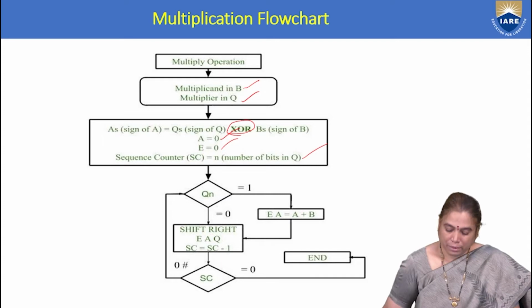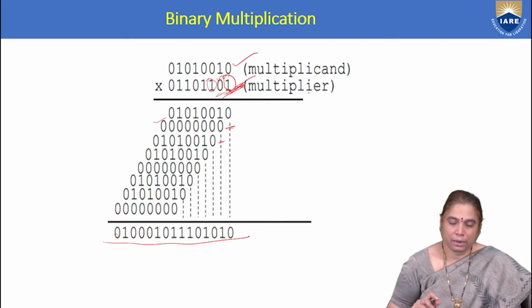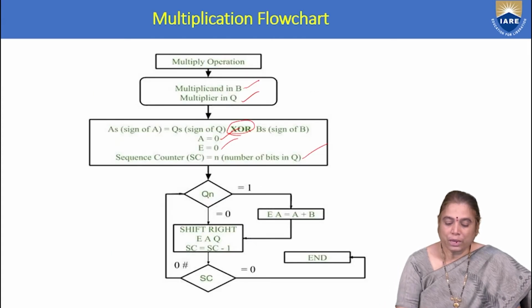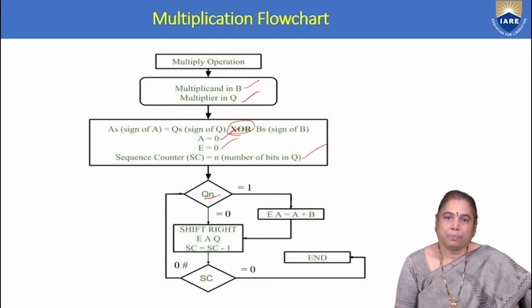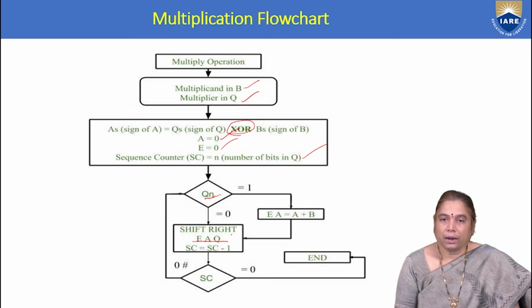While performing the multiplication, the LSB of the multiplier is considered first. Qn is the LSB of the multiplier, and the multiplier is stored in the Q register. Here we check whether this value is 0 or 1. If it is 0, we simply perform a shift right operation on the flip-flop E and the register AQ, that is, shift right EAQ, and the sequence counter is decremented by 1.